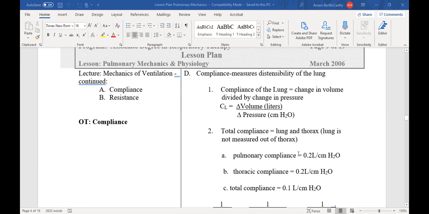That lets me know that his compliance is changing. If it's taking me more pressure to get the same amount in there, then his compliance is going down. It's not doing what I wanted it to do, it's tightening up, okay?